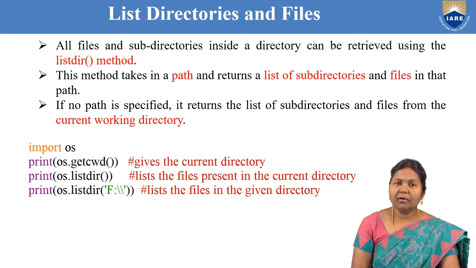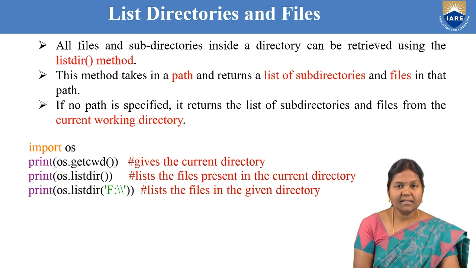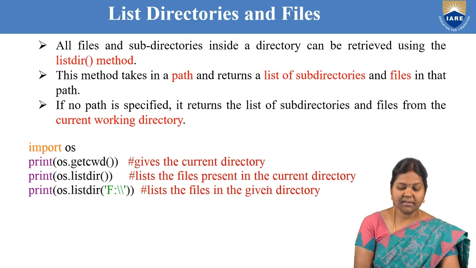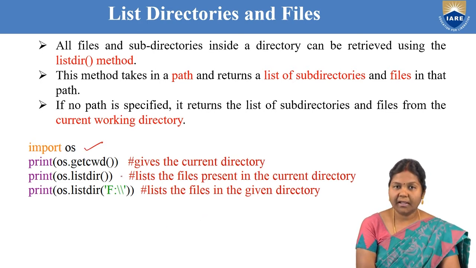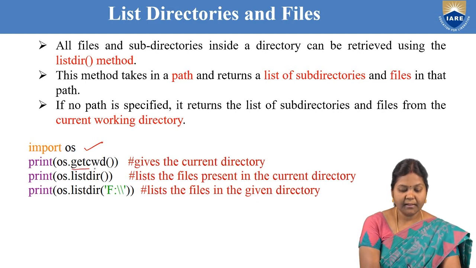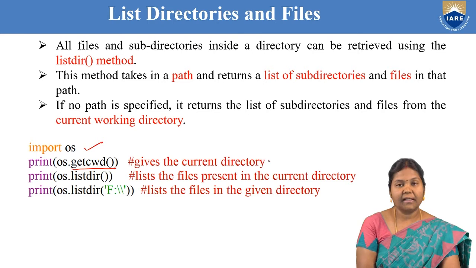If you are not specifying any path, then it will consider the current working directory and retrieve all the files and subdirectories inside it. So, let us see how to work with the listdir method. This listdir method is also in the OS module. Let us first import os, then first check what our current working directory is by writing print os.getcwd.